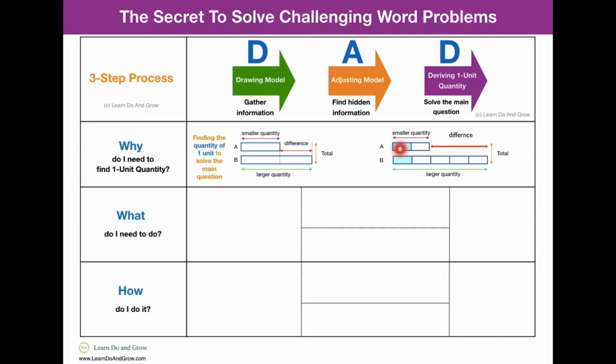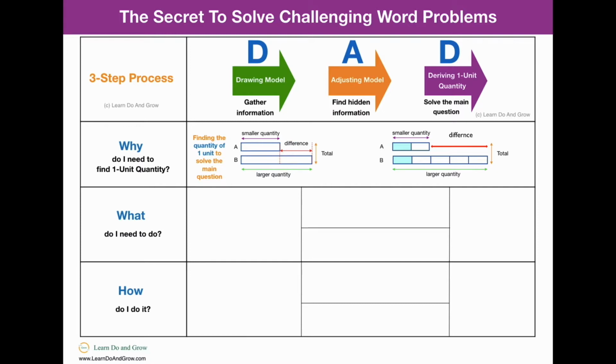The smaller quantity has how many units? 1, 2. We can find that. What if the question asks you to find the larger quantity? We do the same. So how many types can they ask in this model? They either ask you to look for the total, the smaller quantity, the larger quantity, or the difference. So you see, any complex model can be broken down into this type.